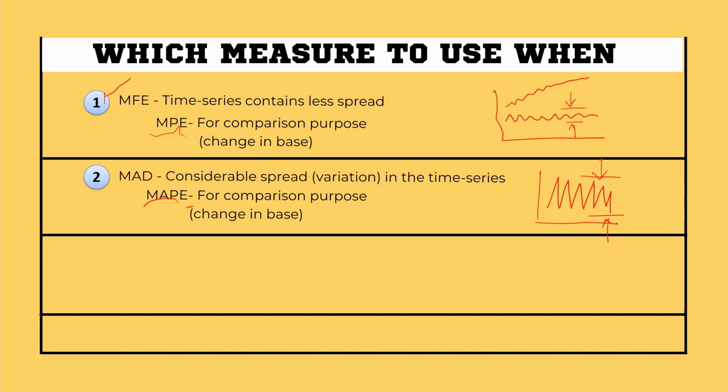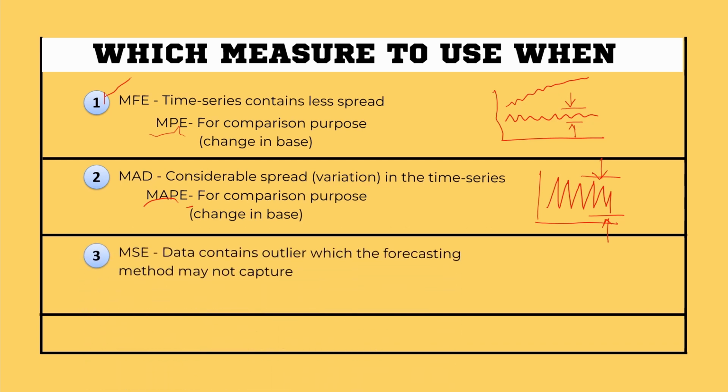The corresponding relative measure is MAPE. So as in the case of MPE, in the case of MAPE, if a comparison has to be made or the bases are different, then you cannot use MAD. In that case, you have to use MAPE.